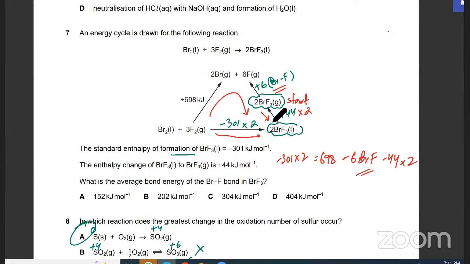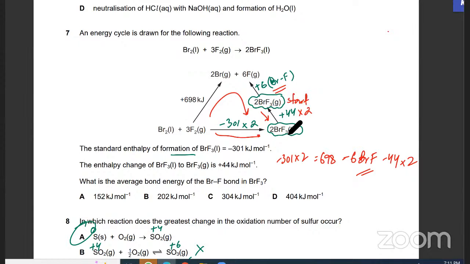The two BrF3 are being made. It's going from 2 BrF3 liquid to 2 BrF3 gas. So we're still going to consider this. Why are we multiplying it by 2? They've given the enthalpy change for one BrF3 liquid turning into one BrF3 gas.